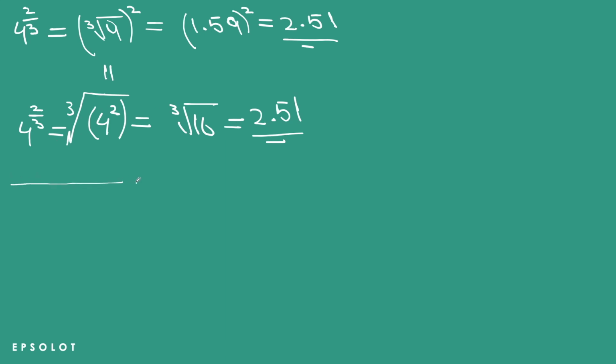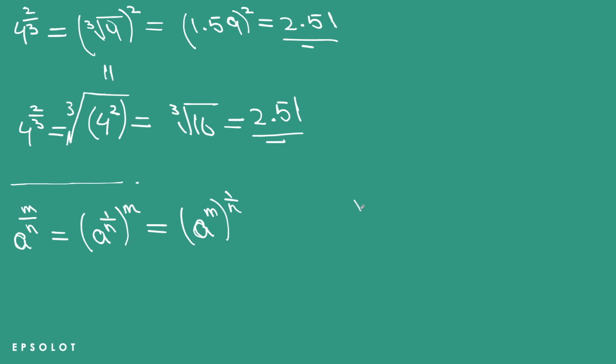Algebraically, you can even prove that they are the same. The way to prove it is by saying that a to the power of m divided by n is actually the same as writing a to the power of 1 over n to the power of m, or a to the power of m to the power of 1 over n. Because when you have these numbers in these brackets, then you're actually just multiplying them together, right?